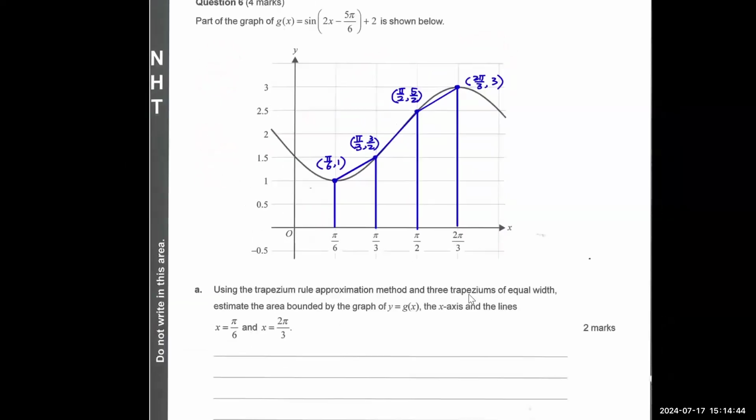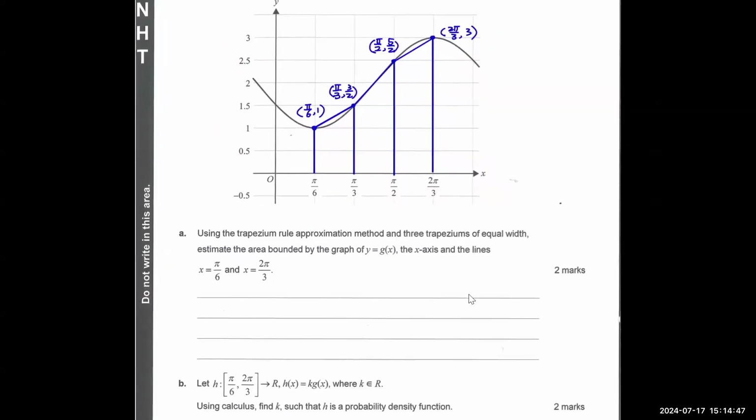Okay. For the trapezium estimation, you just need to make a clear substitution. Area of trapezium equals (b minus a), 2 pi over 3 minus pi over 6, divided by 2 times n. n is the number of strips you have. 1, 2, 3, 3 trapeziums.